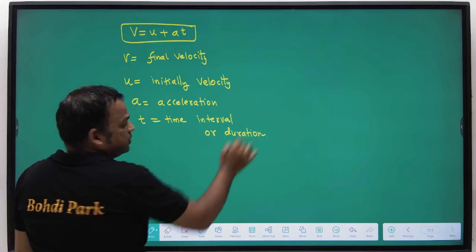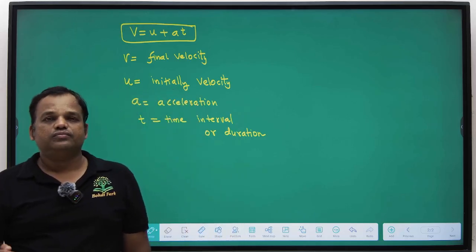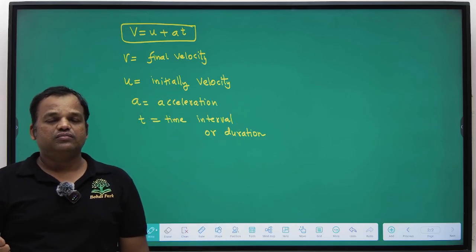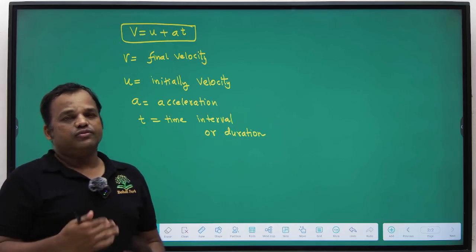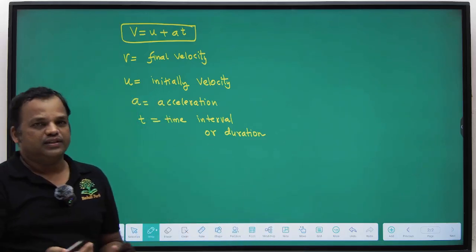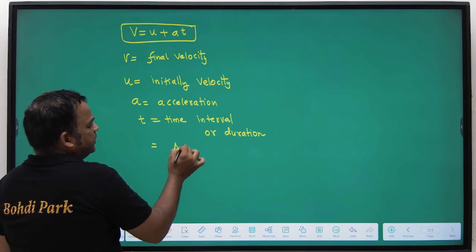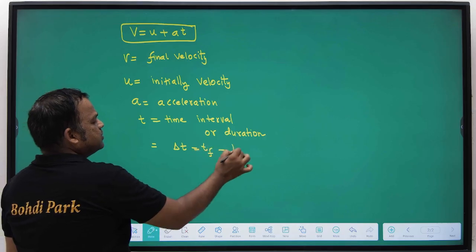It can be 0 to 1, 1 to 2, or 0 to 2, or 3 to 7, or 0 to 6. From initial time instant to final time instant, you have to take the difference. So basically time interval is delta t, t final minus t initial.